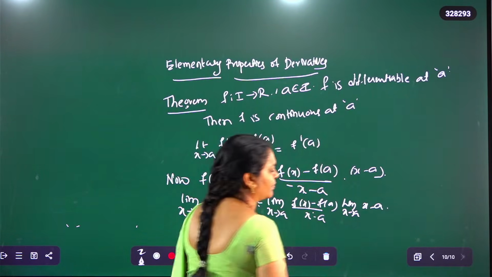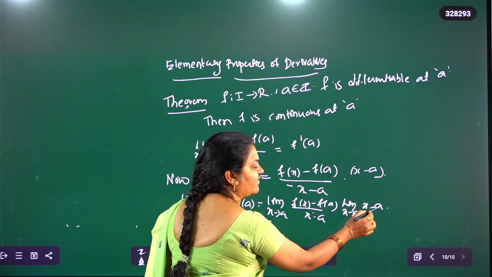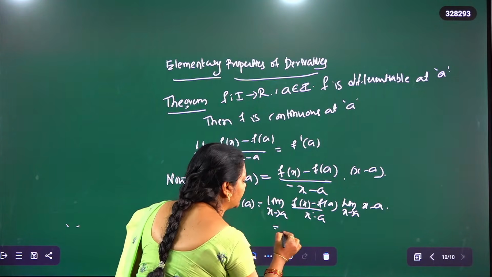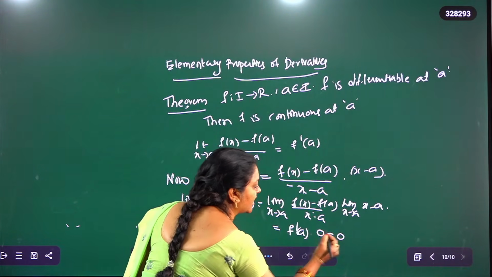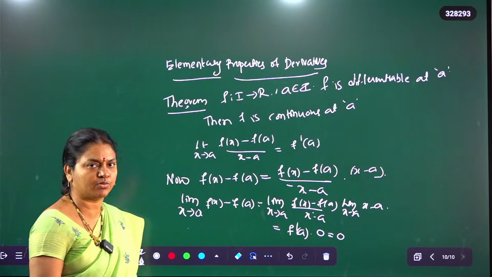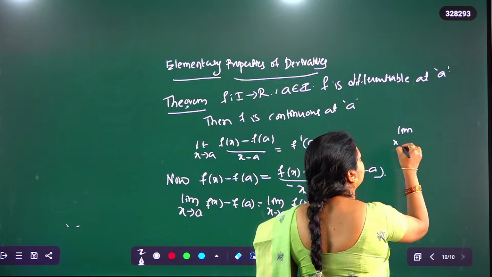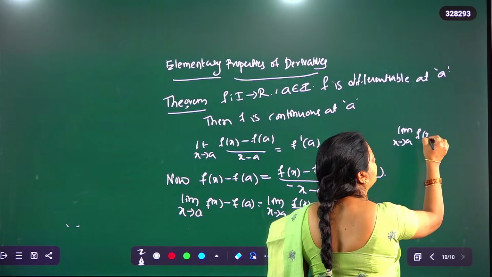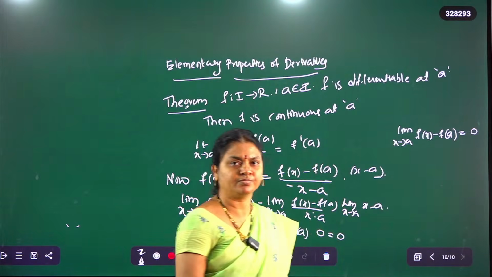Here also we need to apply the limit. So by applying the limit, a minus a will become 0. This part, by definition, is f dash a, into 0. That means the total will become 0. What we are getting is limit x tends to a of f of x minus f of a, the total value becoming 0.